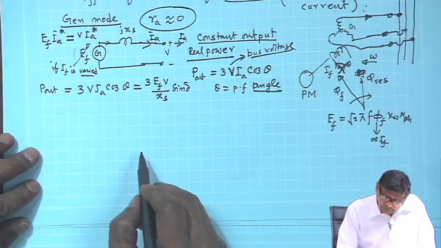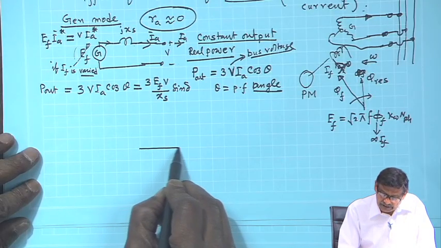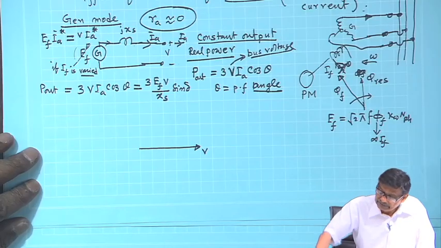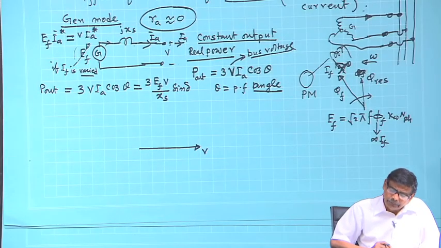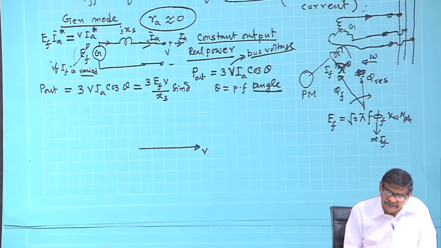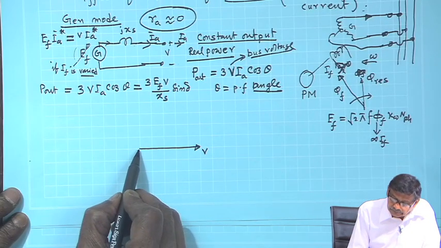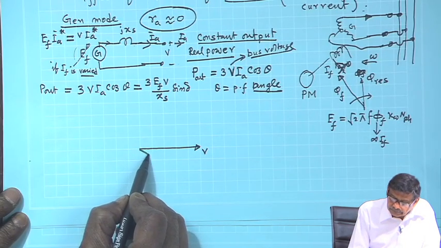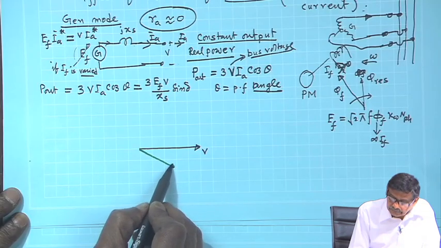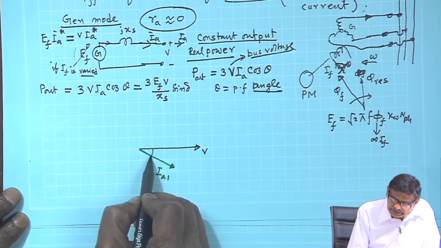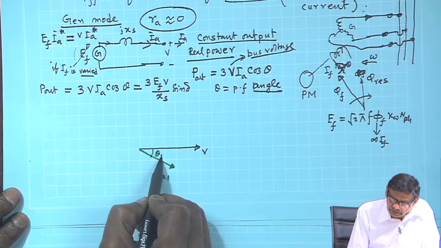Okay. Suppose this is your V. I will once again redraw, let me spoil this page. See, this is V A. Suppose at some excitation, this is your I A 1 and the machine is delivering a lagging power factor load, theta 1.